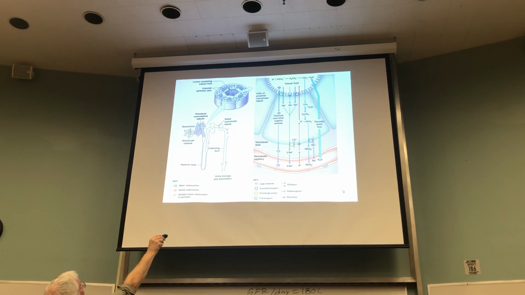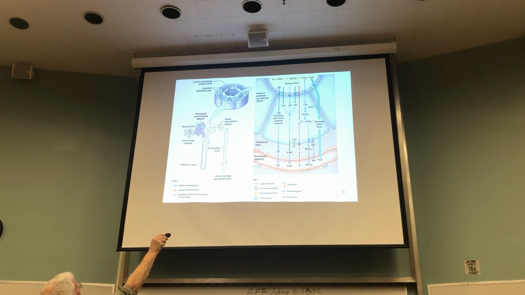All right, so as sodium leaves, water wants to follow. With water and sodium leaving the filtrate, that makes this fluid more concentrated. Everything else, concentration seems to be going up, relatively speaking. That drives their facilitated diffusion. And notice how we actually got two different ways of getting sodium into the cell: a leaky channel and this sodium glucose co-transporter.